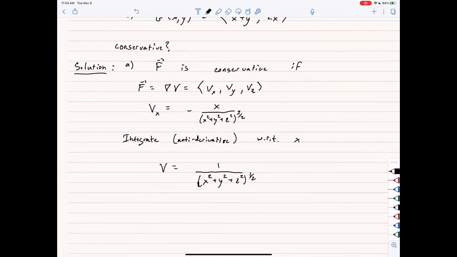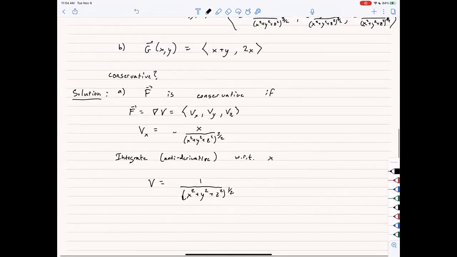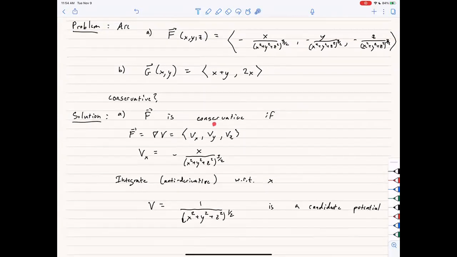So this is not a hard thing to take the partial derivative of, but now we have to check that this is a candidate, because there are two other equations that it must satisfy. When we look back up, the y derivative is equal to this, and the z derivative is equal to this. And that's all true.